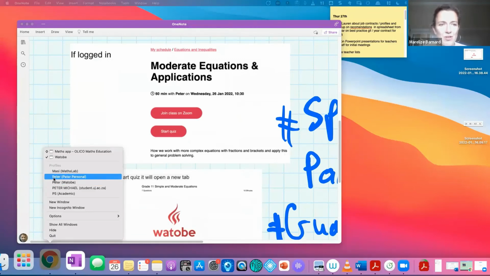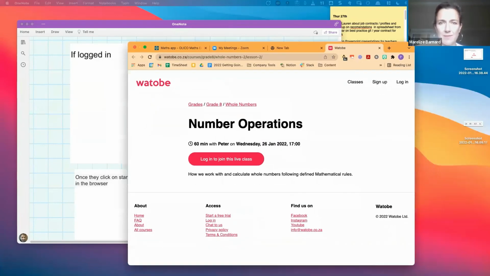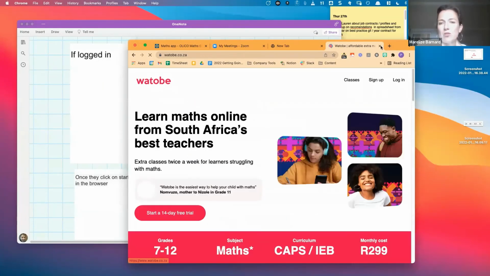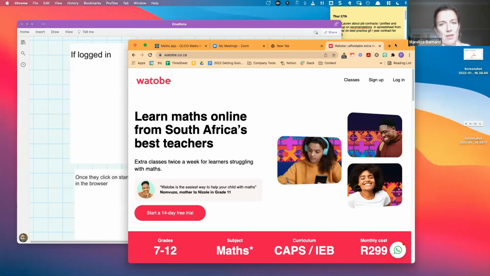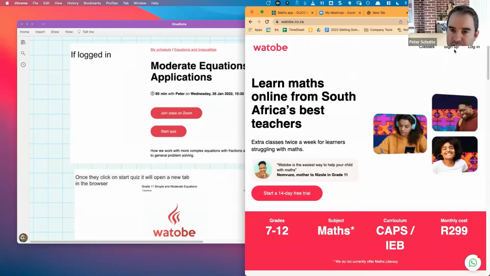Peter, could you open that, whoever's sharing? To sign up, if you haven't already, do you see there in the top right-hand corner where it says sign up? You need to go sign up there. Let me get my little pointer and I will try and help you. Hopefully my mouse is circling around the screen there.